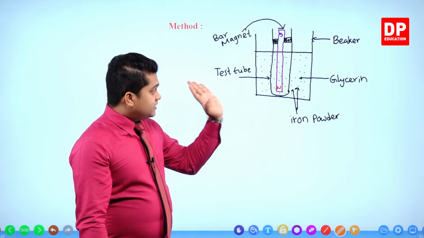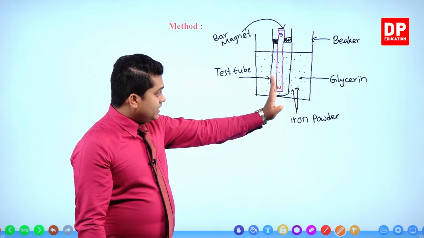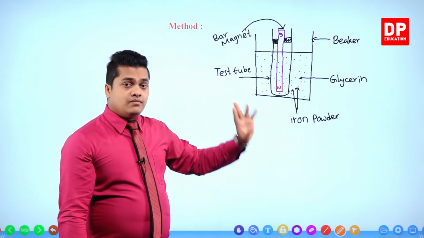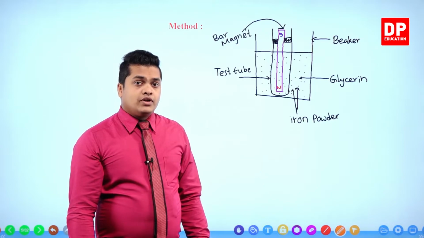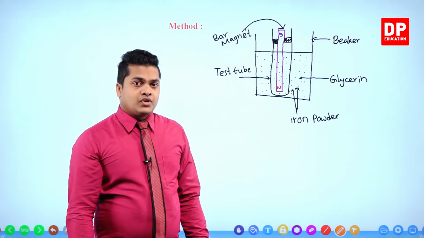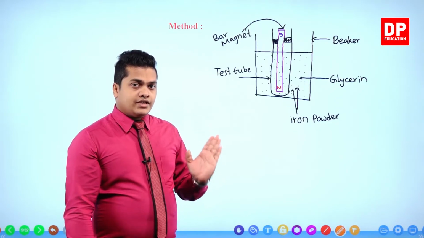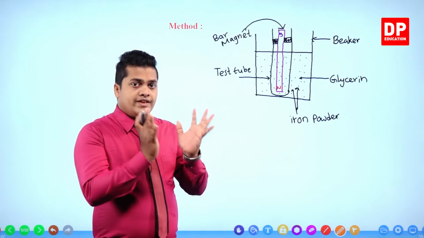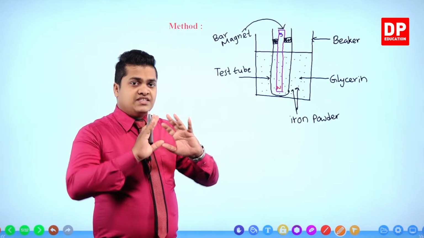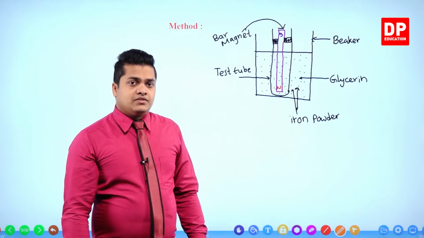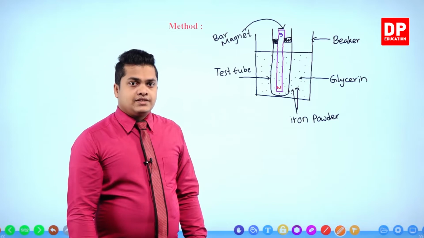Means that around the magnet in all directions we can observe the iron powder or iron filings. We can observe not in a certain direction, but in all directions, in a three-dimensional array.